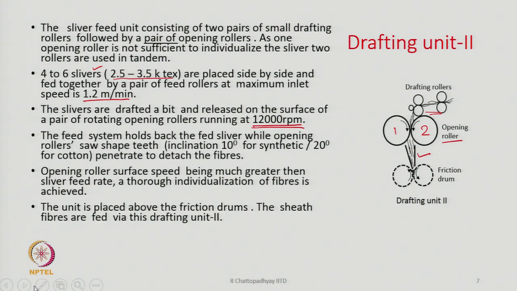This unit is placed over the friction drum, just above the friction drum. See, the friction drums and drafting unit 1 are in the same plane, but drafting unit 2 is placed above the 2 friction drums. If these are the friction drums, the unit is here, above.